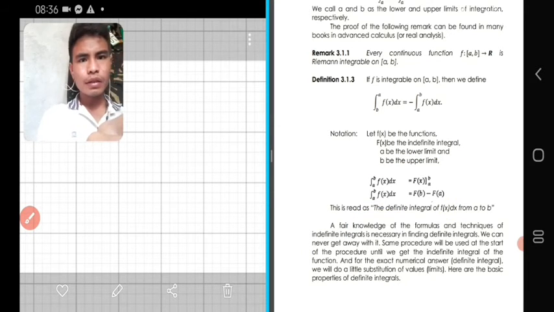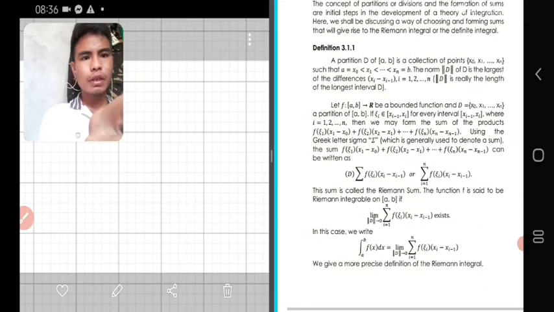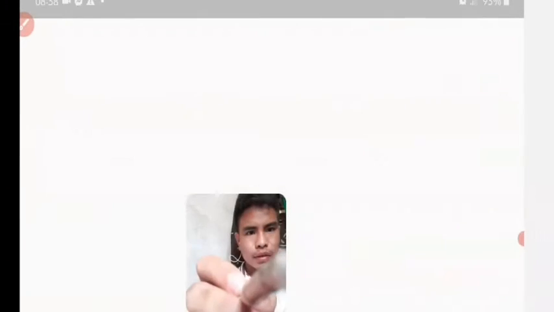That's all for the explanation of partition and Riemann integral. To explain it better, I am now explaining clearly the theorem which we have discussed, using our software, GeoGebra.